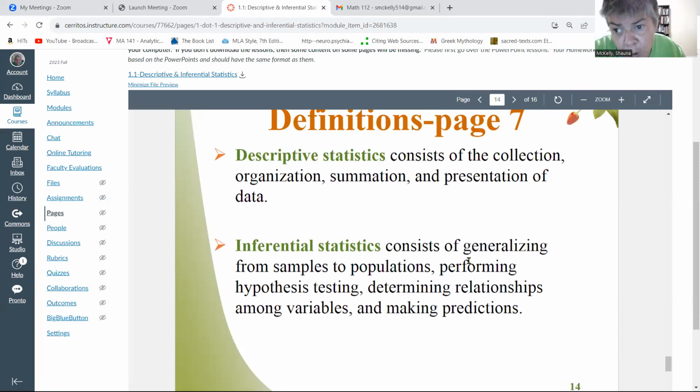Now, if you remember the definition of statistics, the first part said collection, organizing, summarizing, and presenting data. That's all descriptive statistics. If I were to ask you what statistics is, people usually say something like, I think of charts, I think of graphs, I think of presentations, maybe tables that you see in your book.